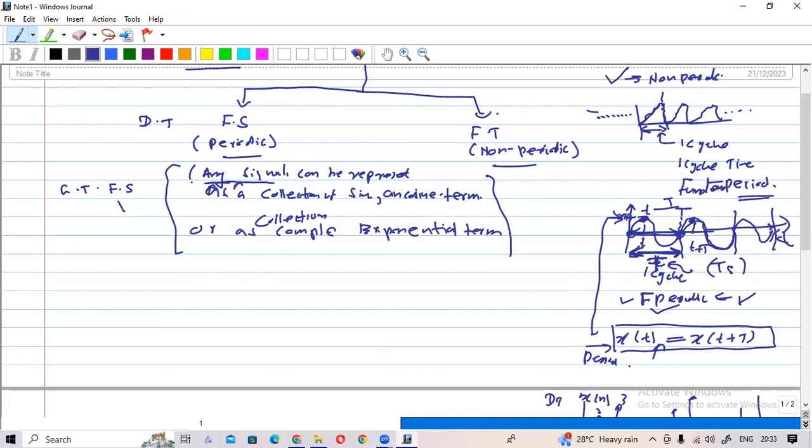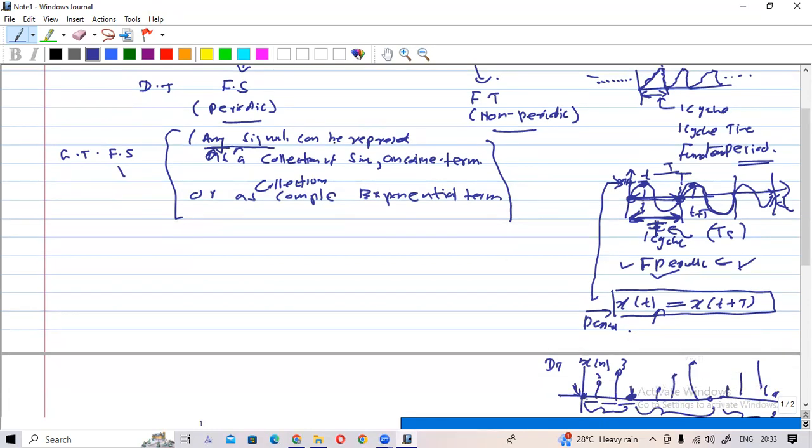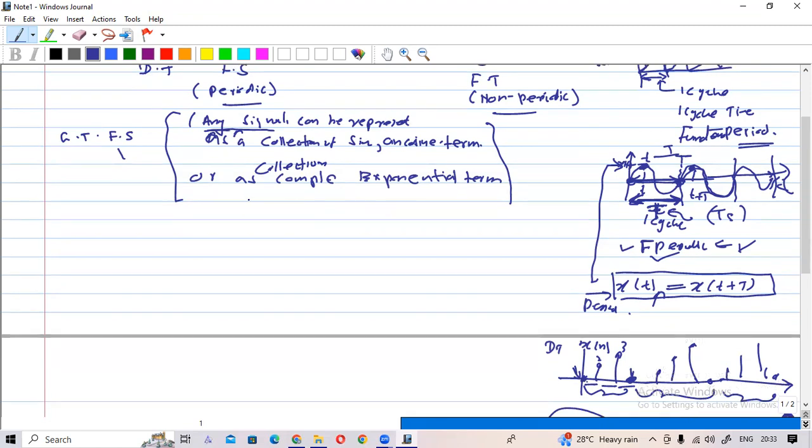So in future also I will say 'any signal', but don't worry, there is a condition, the Dirichlet condition. Now, any signal can be represented as a collection of sine and cosine terms, or as a collection of complex exponential terms.